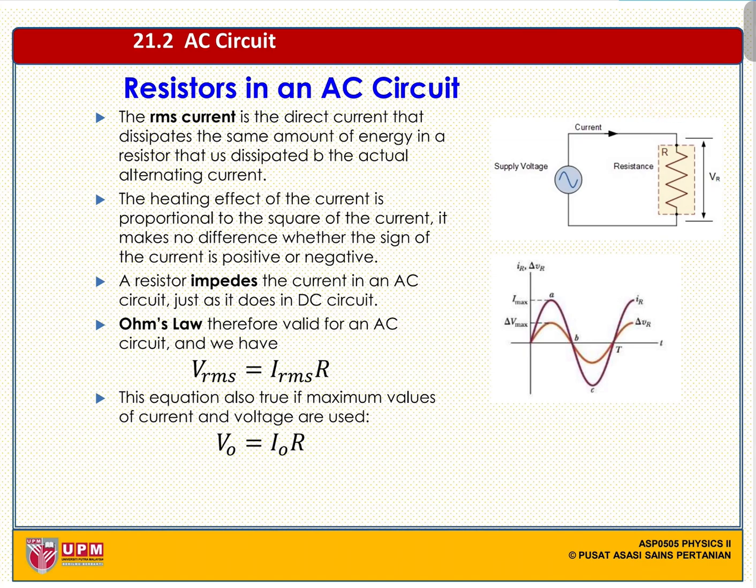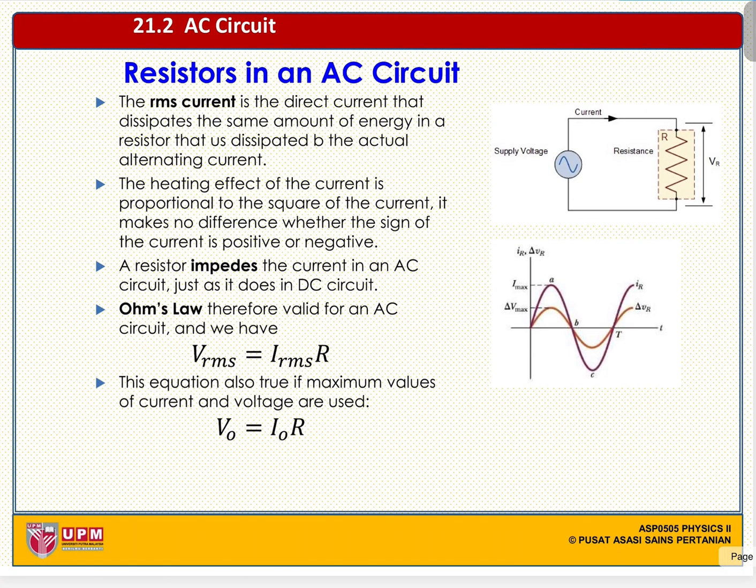So if you have a current, ini I0, I maximum you 0.0707 ampere. Dia punya power dissipated by this resistor sama dengan a DC circuit that have current 5 ampere. Okay. Dia akan sama, dia punya power akan sama dengan DC current yang ada 5 ampere.